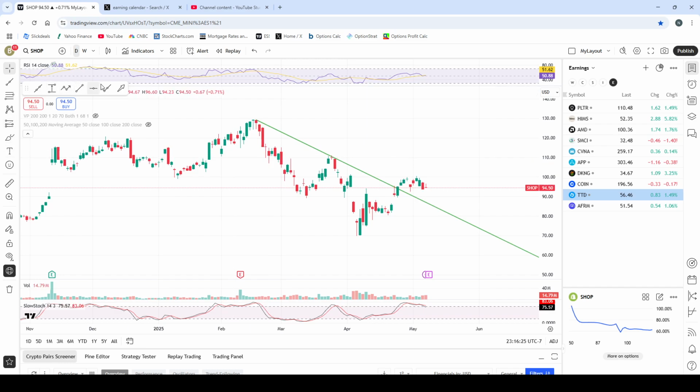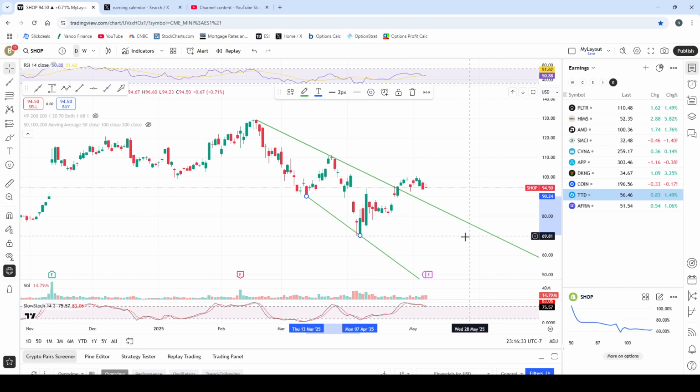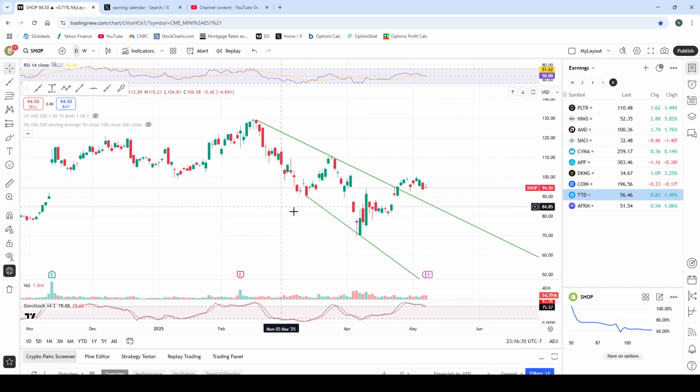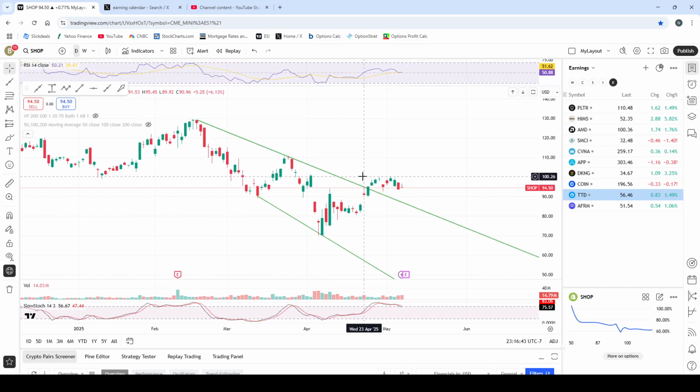Okay, and then for this also, this is the high, this is the low. So that is how you draw a channel. You got the top channel and the bottom channel. So you see the trend is going from here to here. The trend is going lower.